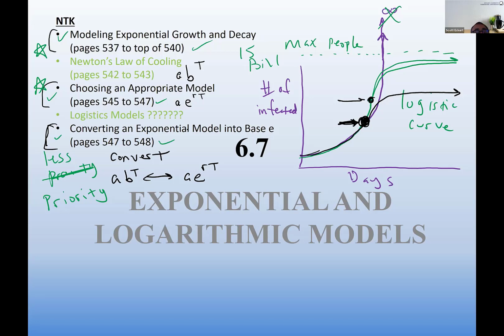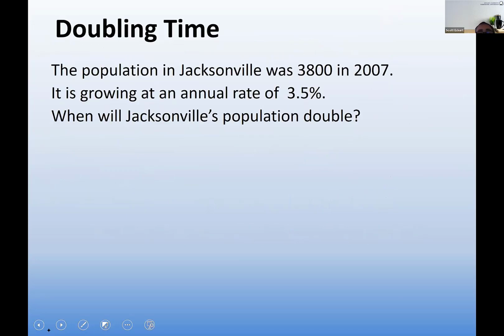Those are the main pages in the book to help you dig deeper and understand a little bit more. We're really just going to be practicing the stuff that we've been doing, and I'm just going to add a little detail to it, but it's not a huge detail.